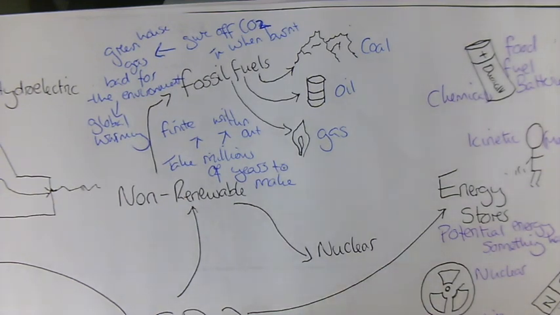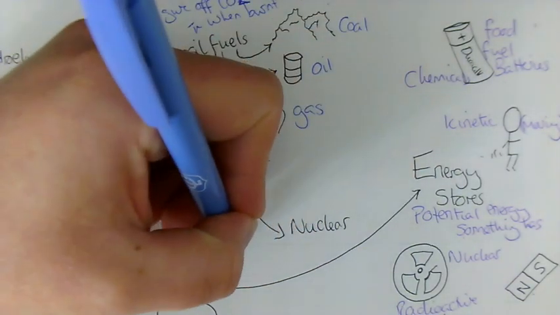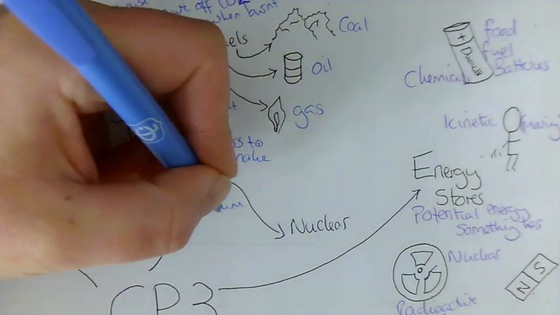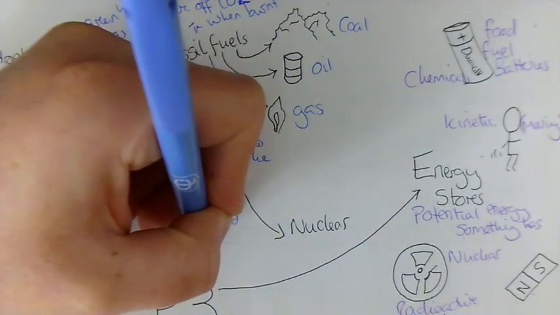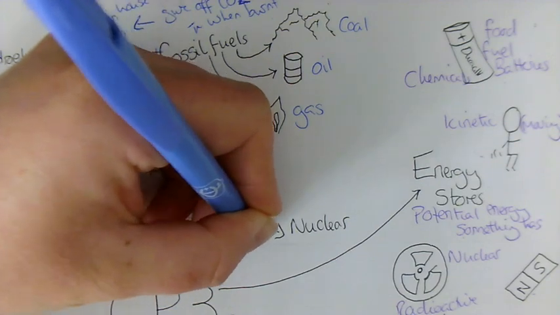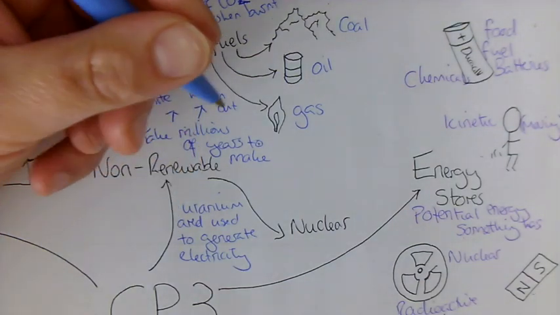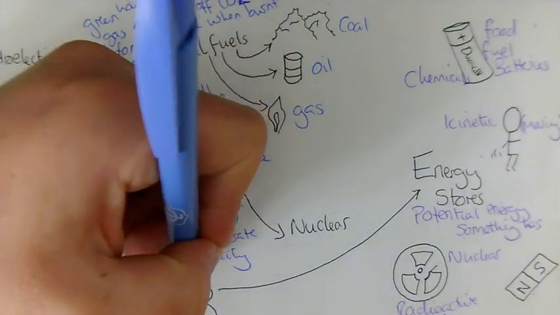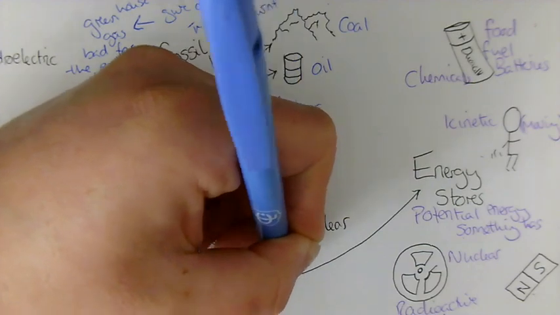Another part of non-renewable resources is our nuclear. Nuclear fuels, such as uranium, are used to generate electricity, and are also used as energy for spacecraft.